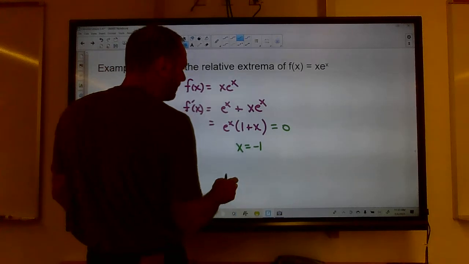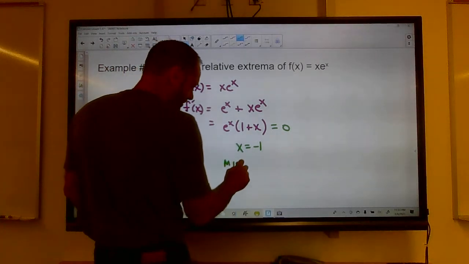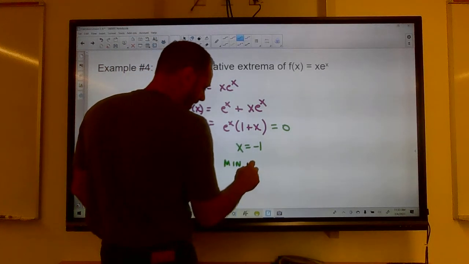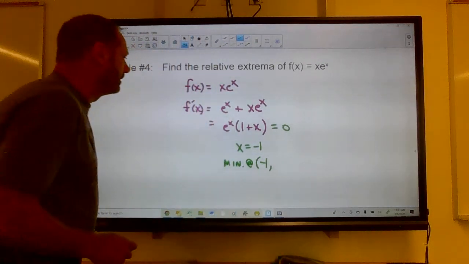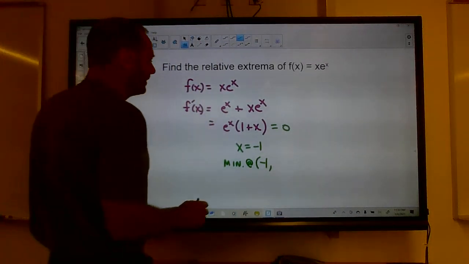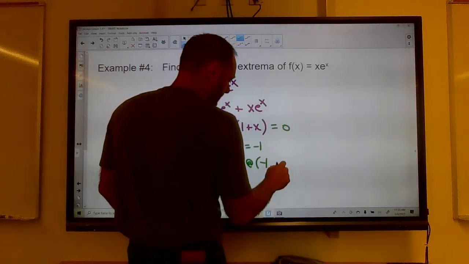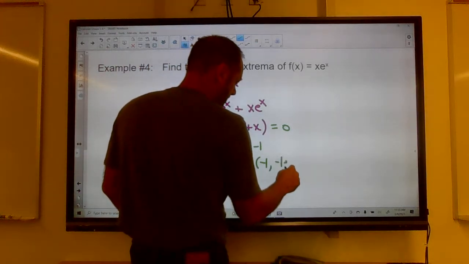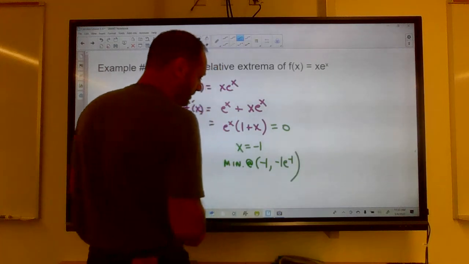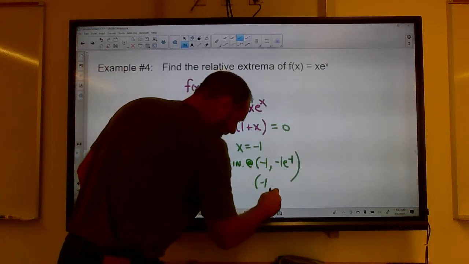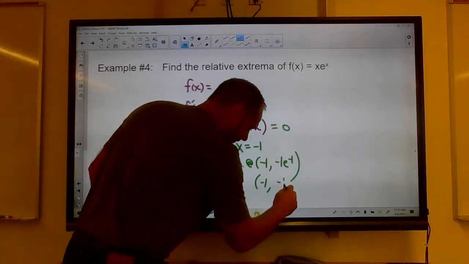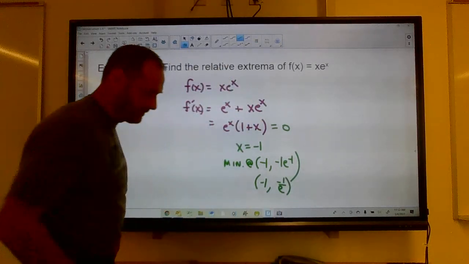Okay, so I'm going to have a minimum at x equals -1, and then y is going to be -1 e to the -1, which is going to be -1 over e.